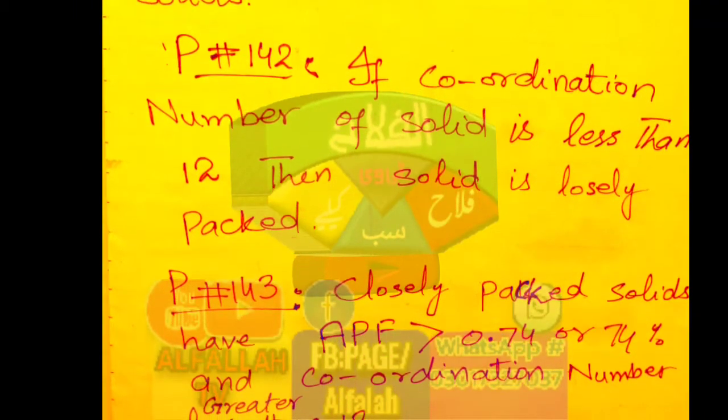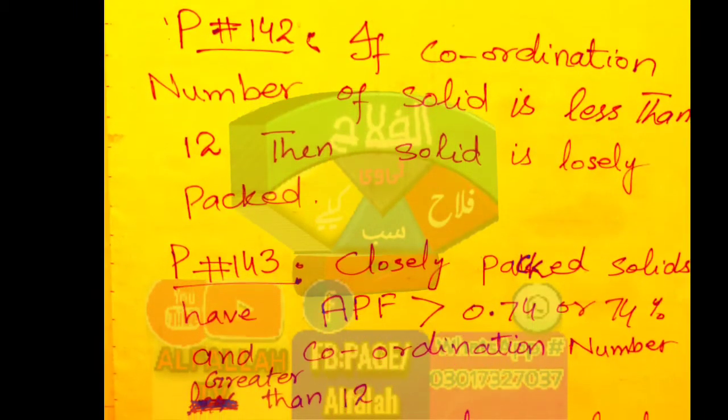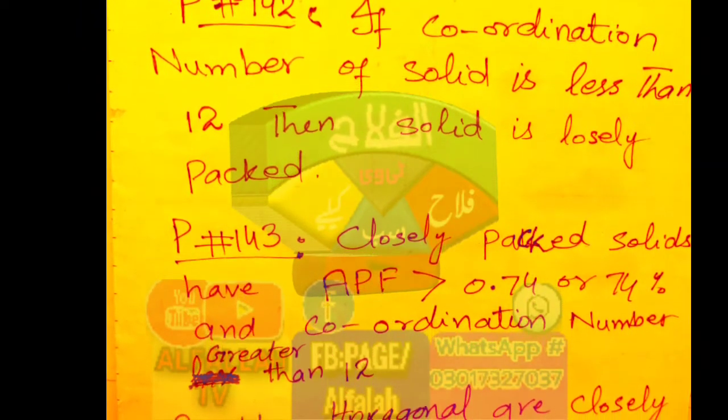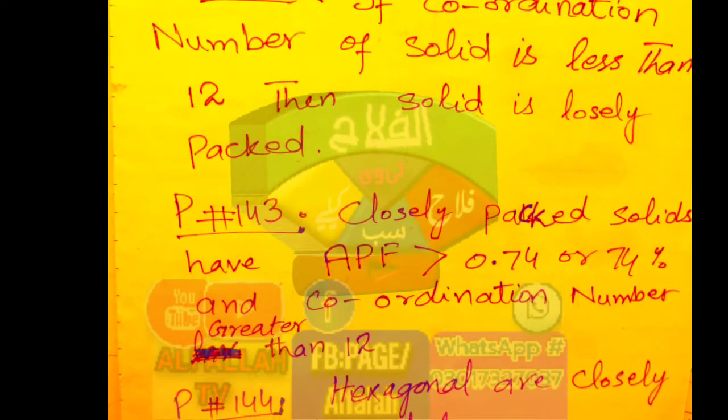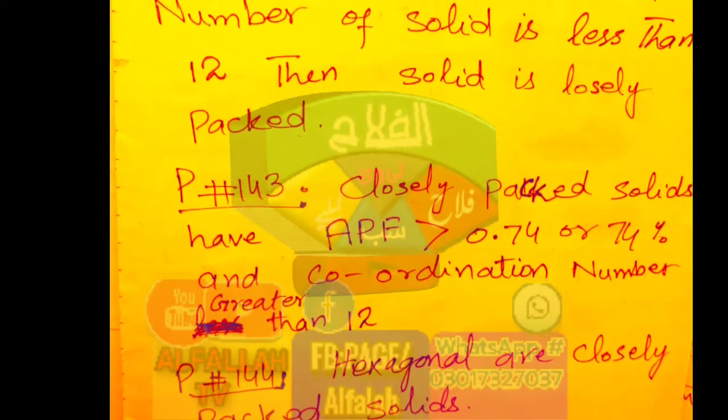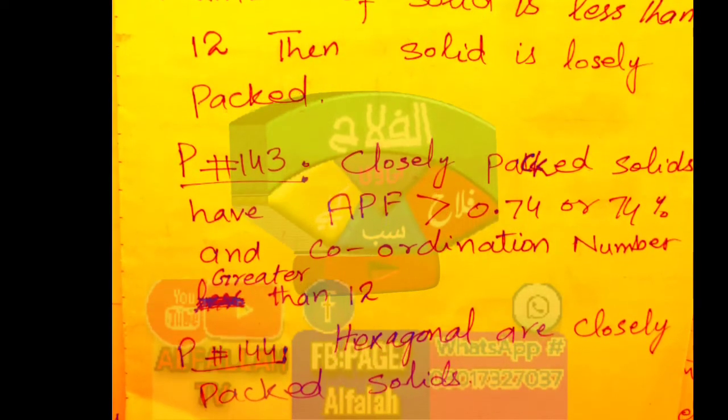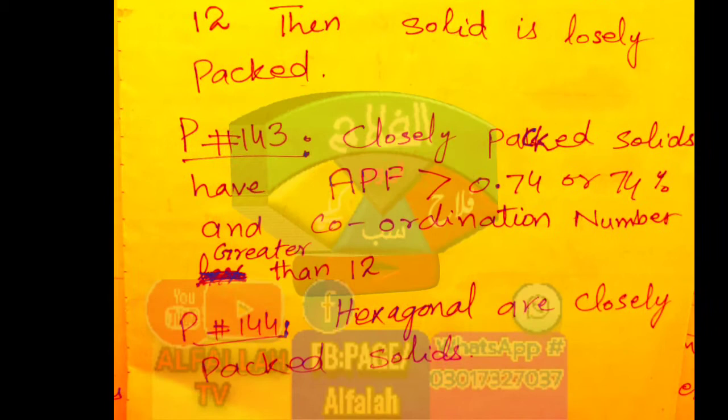Point number 143: a closely packed solid has APF greater than 0.74 or 74% and coordination number greater than or equal to 12. Point number 144: hexagonal are closely packed solids.